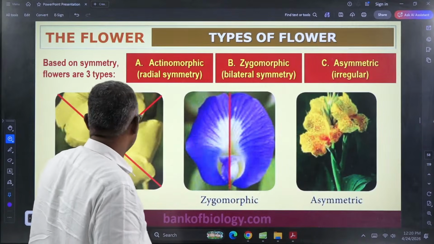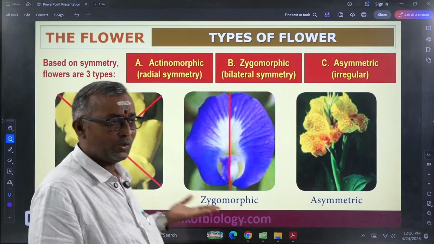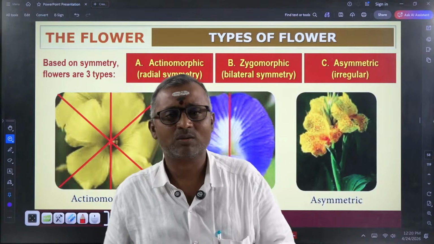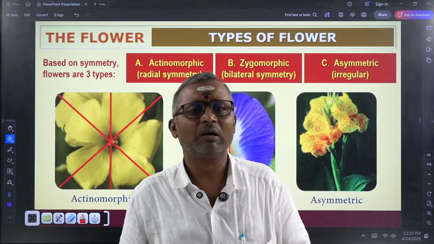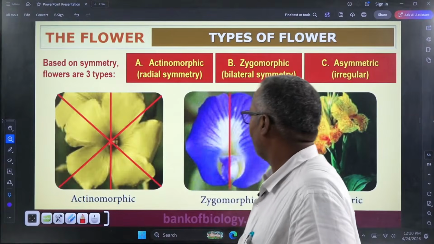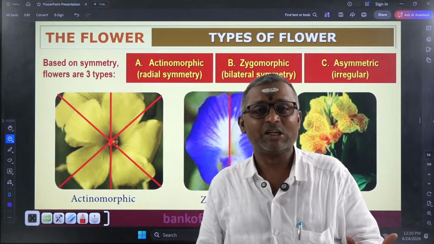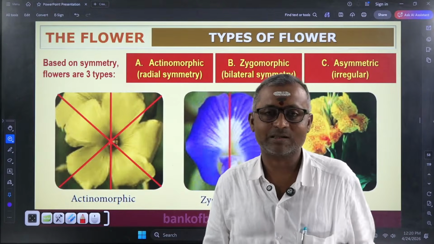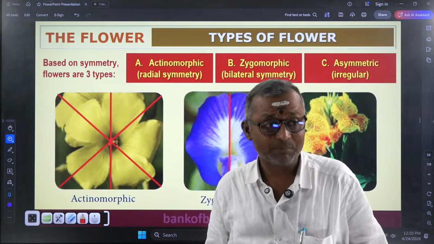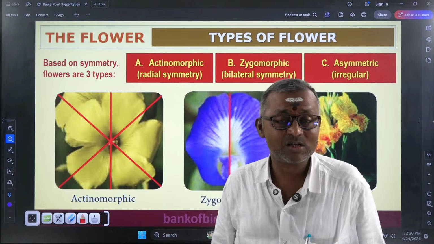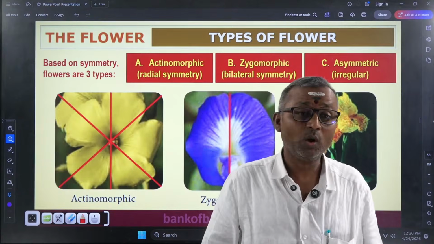We have so many examples for actinomorphic. The best examples are China rose, mustard, datura, chili, and many more. Similarly, zygomorphic examples are bean and cassia. In the last class I told you about these examples. Bean is one example. Cassia, I think you might have seen gulmohar.